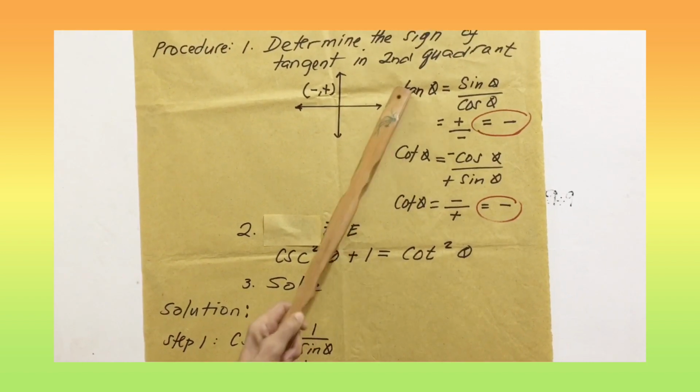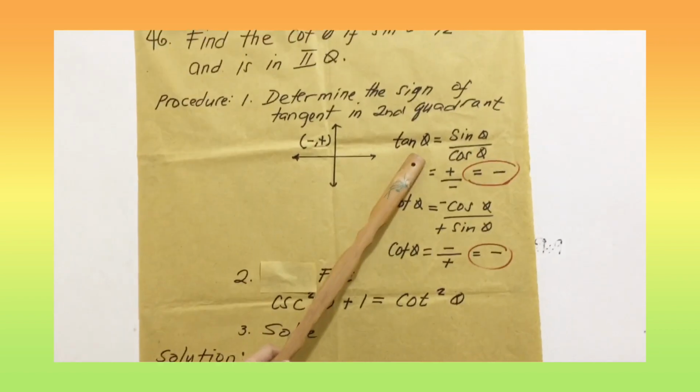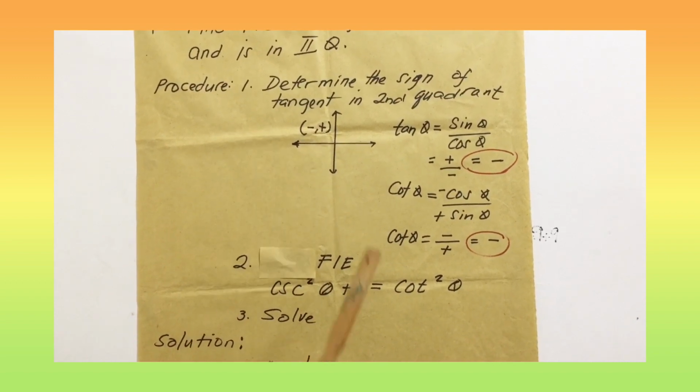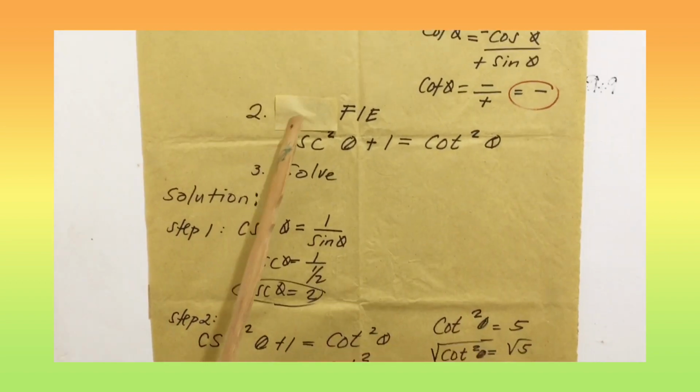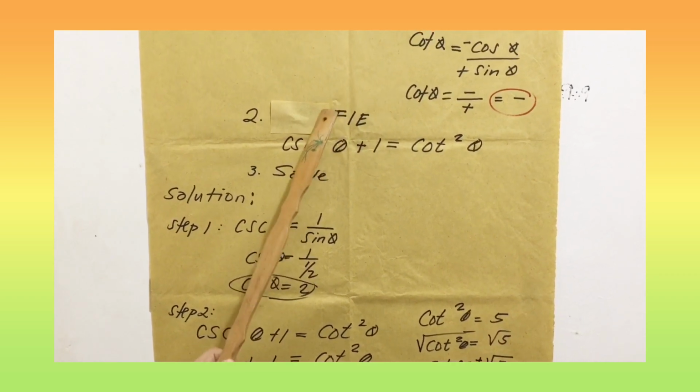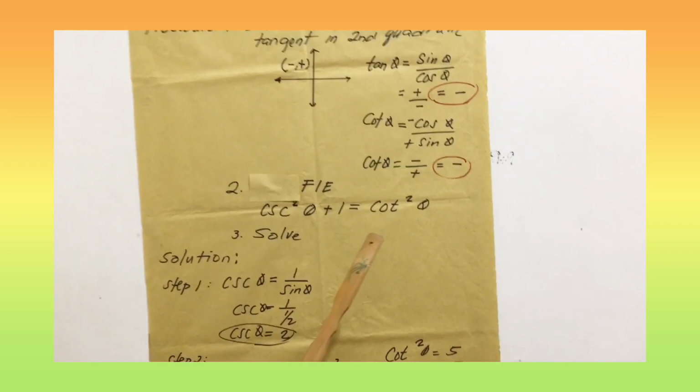So therefore, this proves that tangent theta and cotangent theta are both negative in the second quadrant.